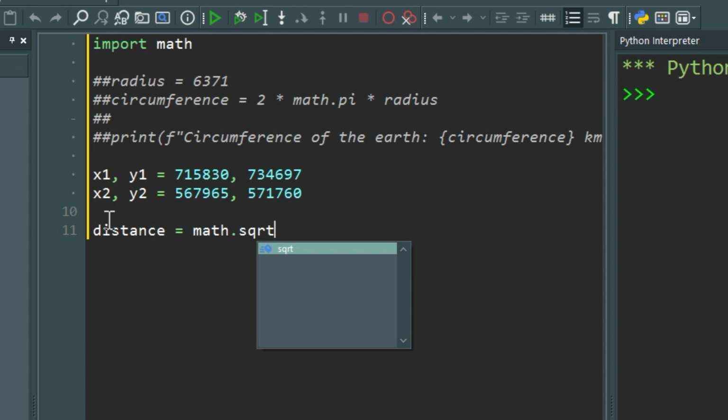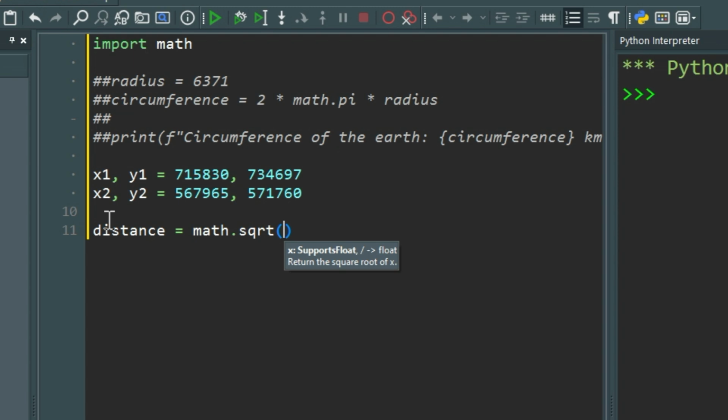math.sqrt, which is the square root, and we use parentheses, and within these parentheses we want to use math.pow, which is to the power of, and we want to use this twice to add. So we'll call math.pow, and in the parentheses for our pow we're going to say x2 minus x1 comma 2.